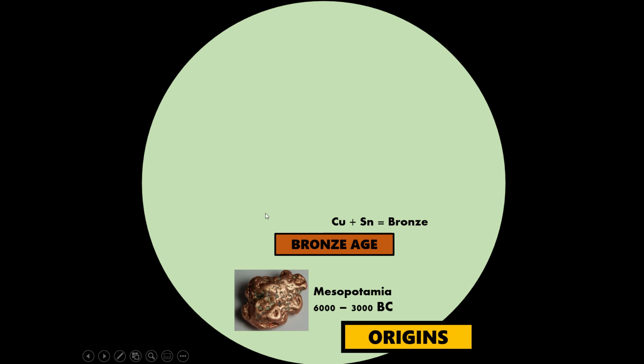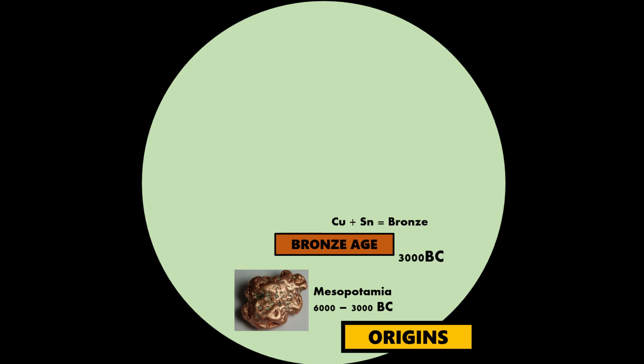Because if you think of it, copper in its pure form is very malleable, so it cannot kill animals. You all know that humans back then, their primary job was hunting. Big animals, they have to kill them using tools.